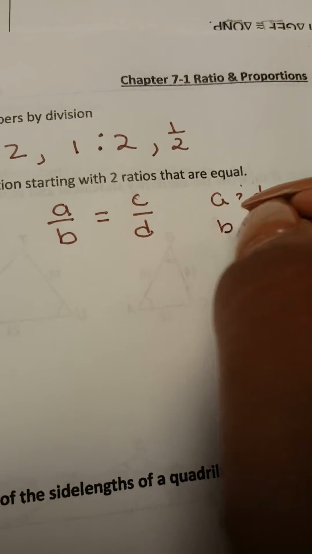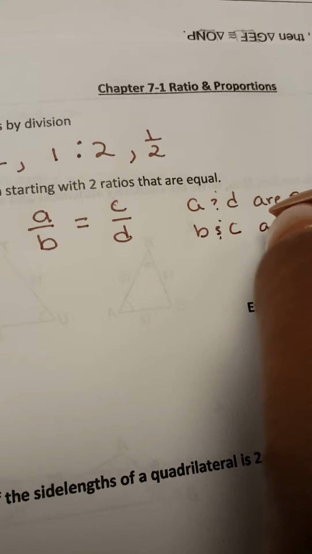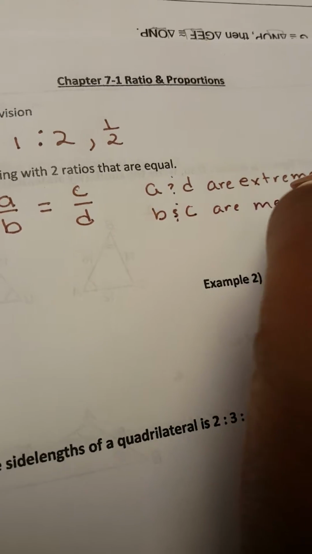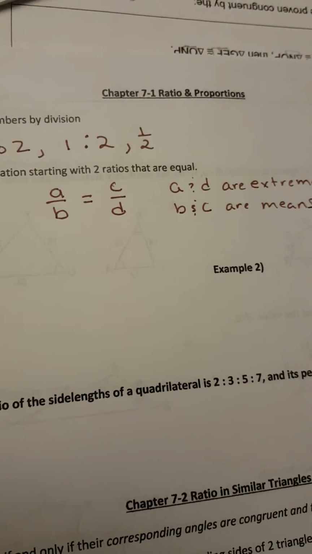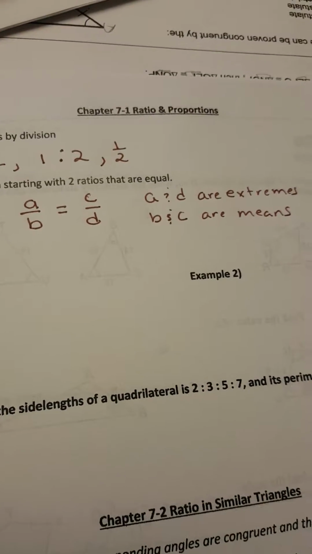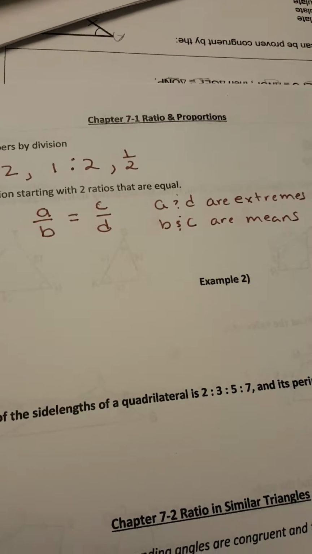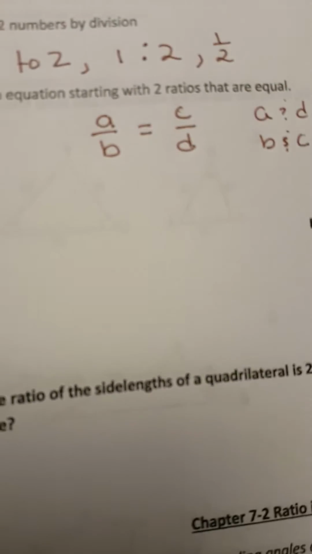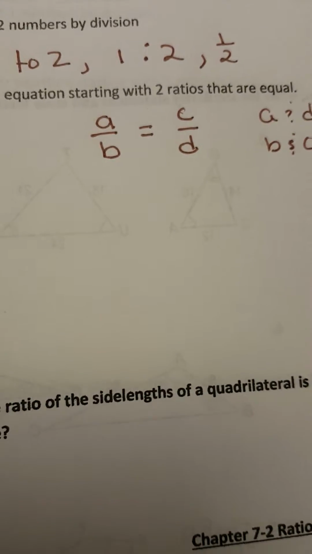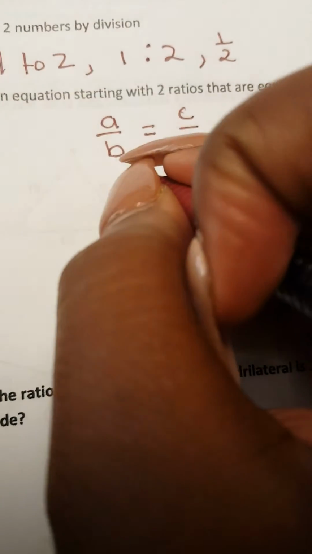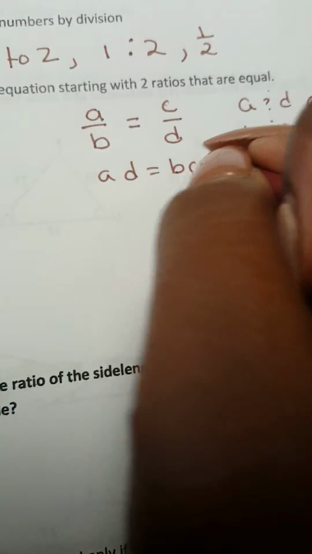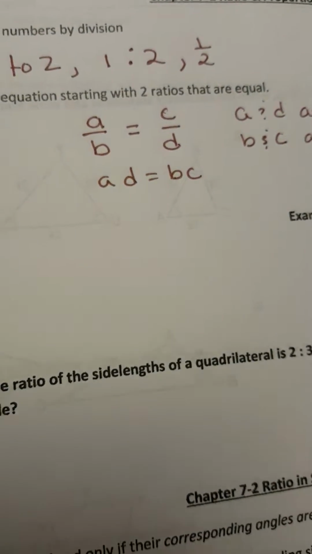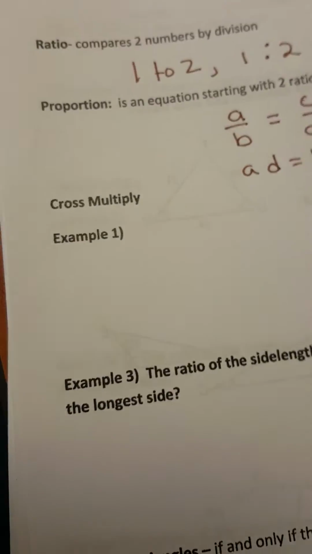And B and C are the means. Okay. So when you have a proportion that way, you would cross multiply. So you would do A times D and B times C. Okay, we're going to do two examples.